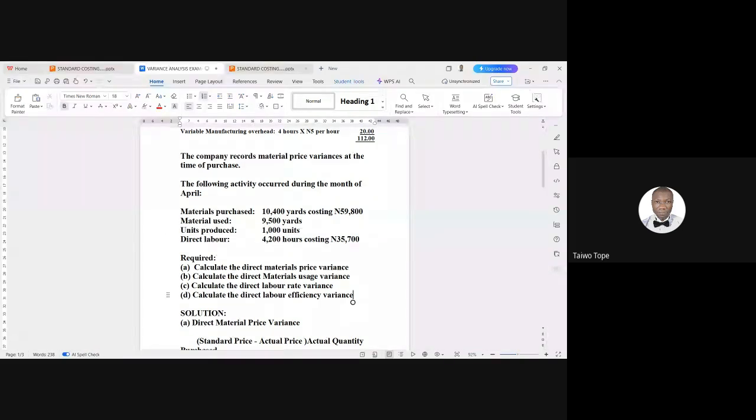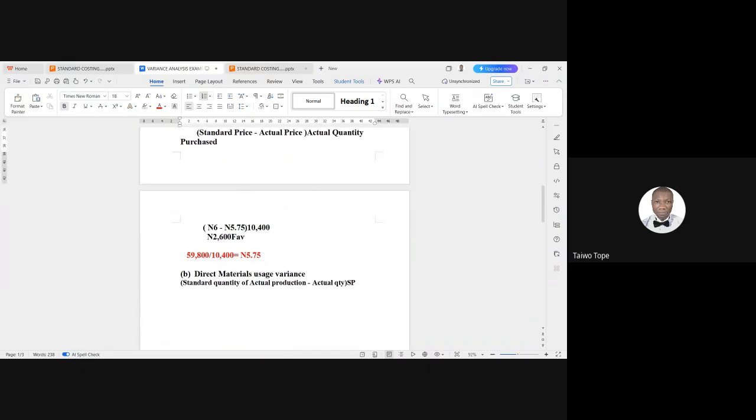So based on the formula, standard quantity of actual production: you multiply the standard quantity, 10, by the actual production, 1,000, minus the actual quantity.